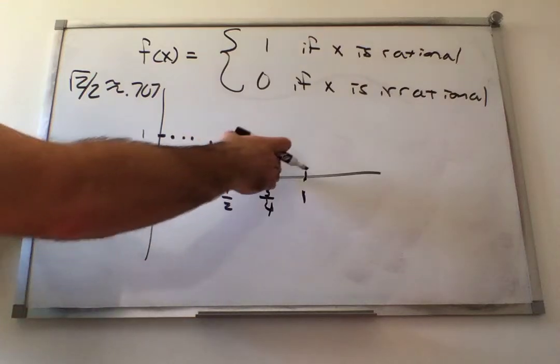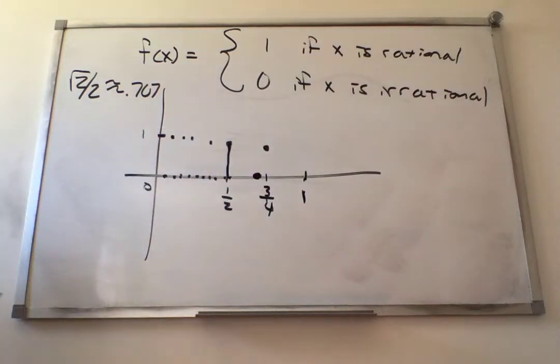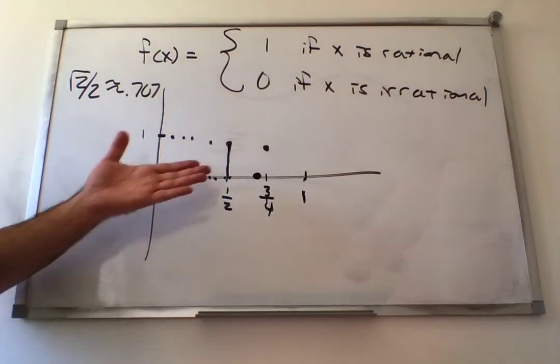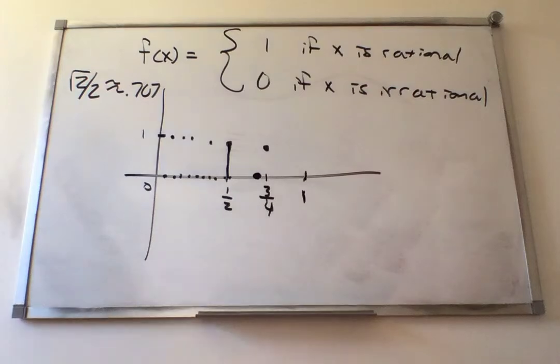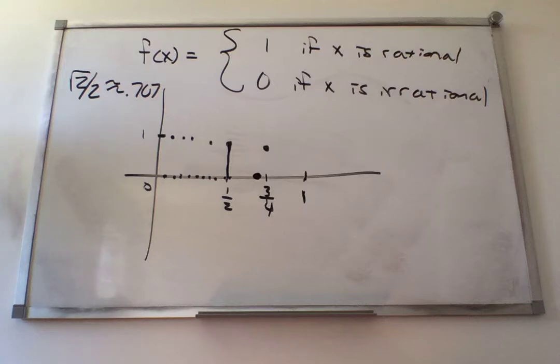If I were to find the area from any point to any point, I'd just be adding a bunch of zeros. If you have a finite number of jump discontinuities, then you can split up your interval where those jump discontinuities occur, find the area of each piece, and then add the areas together.